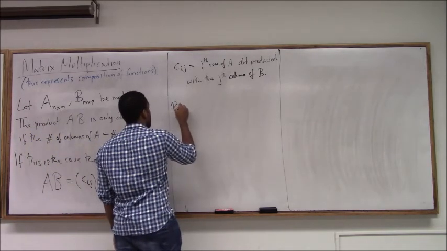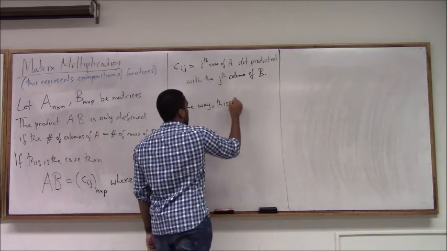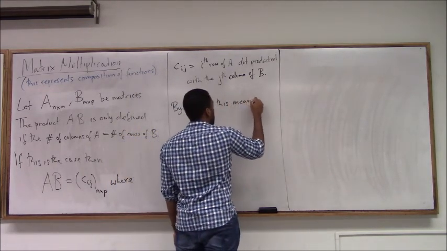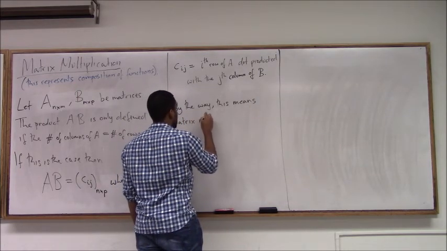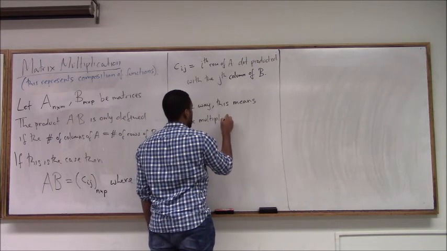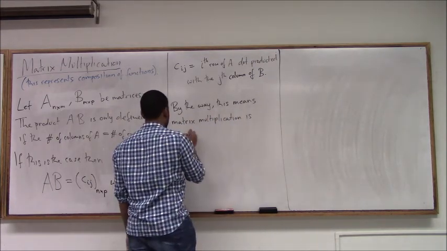By the way, this means matrix multiplication is not commutative.